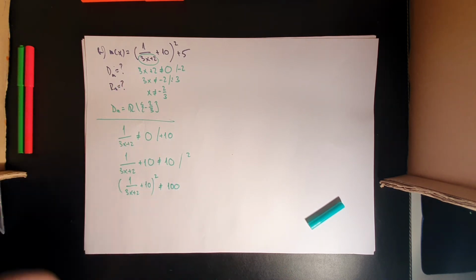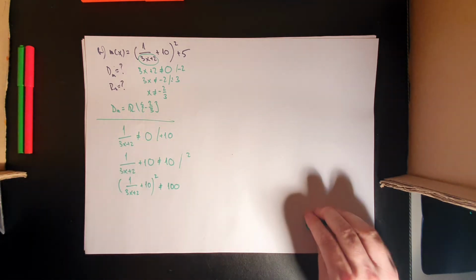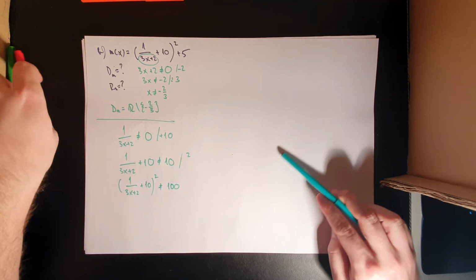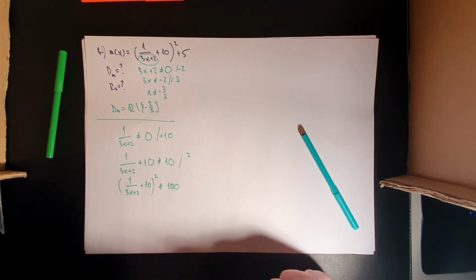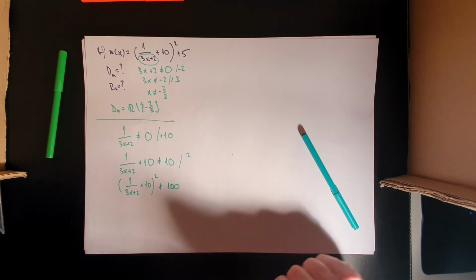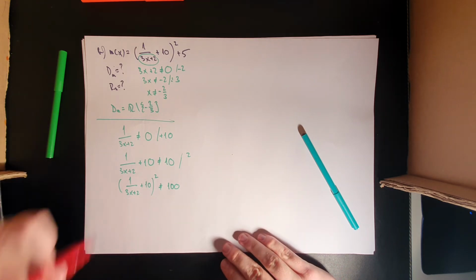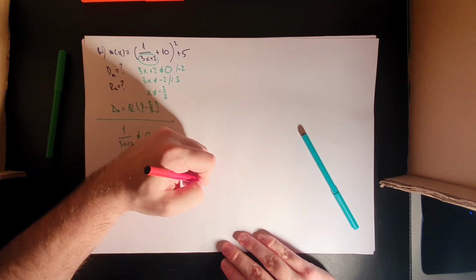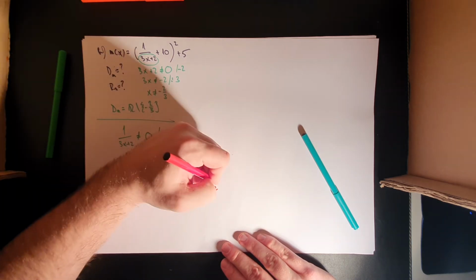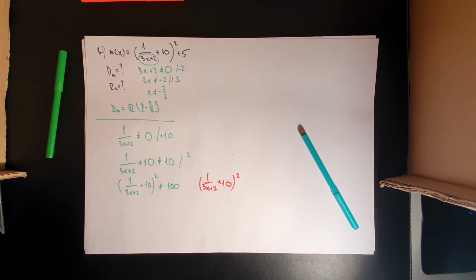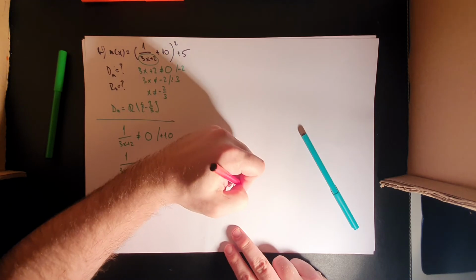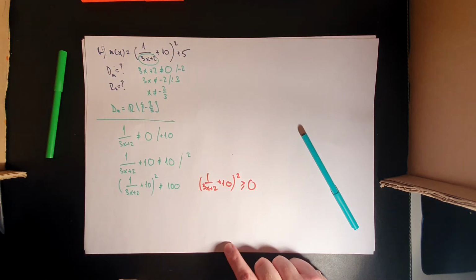Now, here is a tricky part, and this is an important step. It's not that when we squared, we just got that the square has to be different than 100. There is also something else now implemented, and that is that the whole square itself, 1 over 3x plus 2 plus 10 squared, is defined in mathematics: the square of a number is always a value that's positive or equal to 0, meaning I have to now add this definition to the whole case.